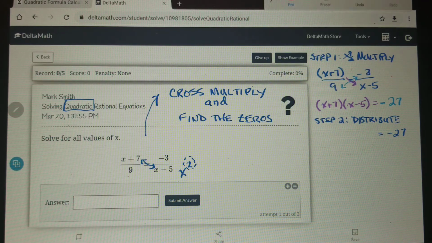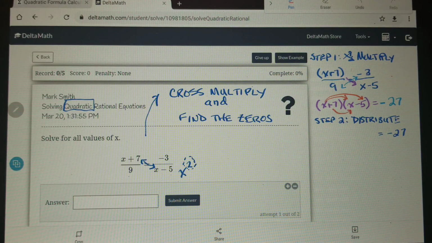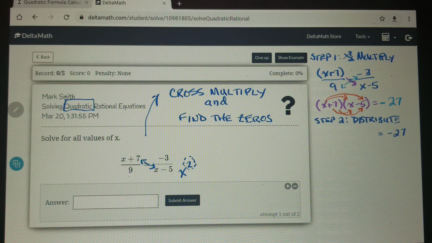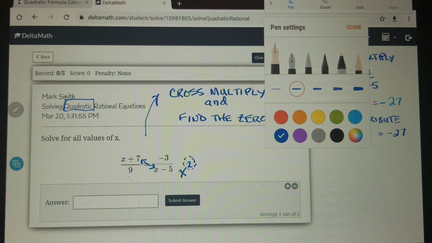I'm going to distribute this x to both of these, so I'm going to have x times x and x times negative 5. Then I'm going to distribute this 7 to both of these. You can use the box or whatever other method you really enjoy using yourself.